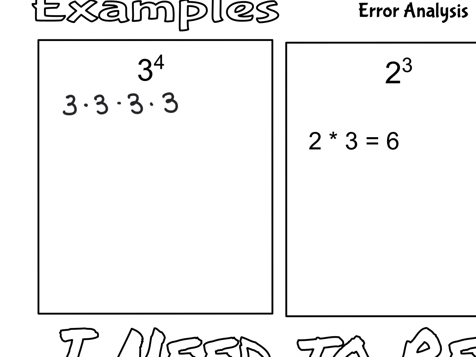The way I sometimes do it is I will do something like this, where 3 times 3 is 9. And I also know that 3 times 3 is 9. And then I'll do 9 times 9 and get an answer of 81. So 3 to the fourth power is equal to 81.